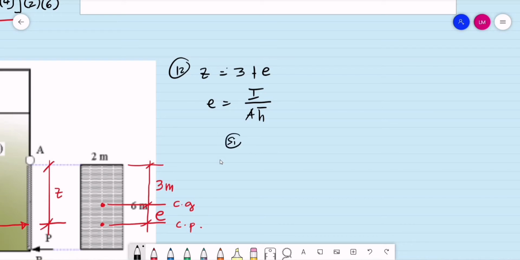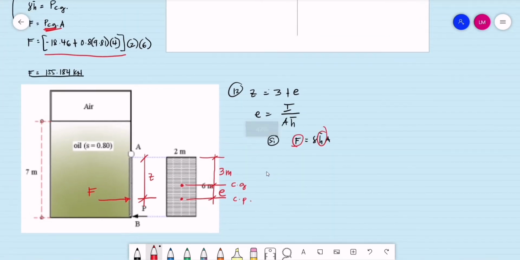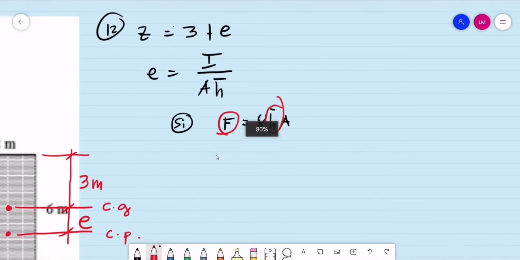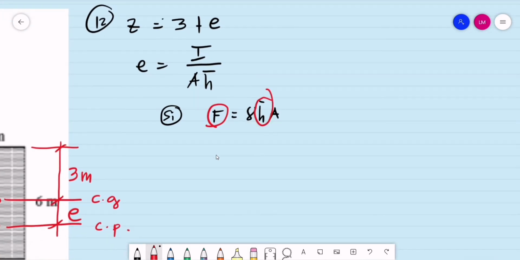Okay, solution 1 natin is, pwede pa rin natin gamitin yung force is equal to gamma bar H area. Pwede natin kunin yung equivalent ng bar H using a given force. So, gagamitin lang natin yung force na na-compute natin sa number 11. So, 155.184 kilonewtons is equal to gamma.